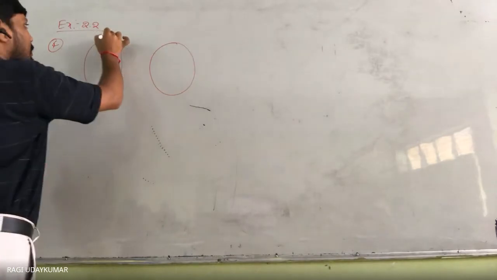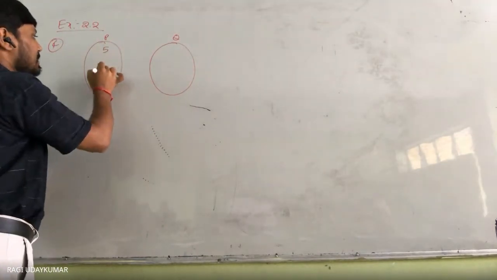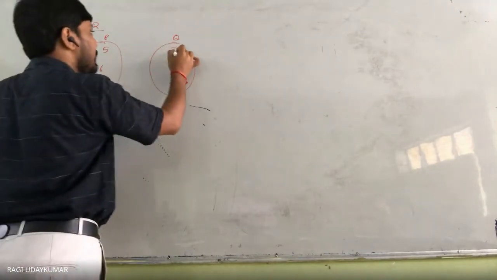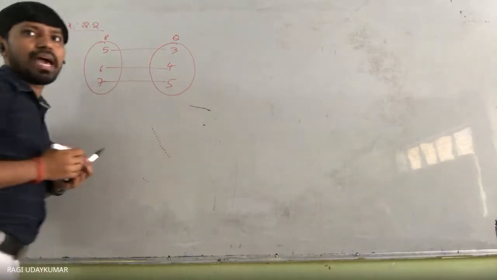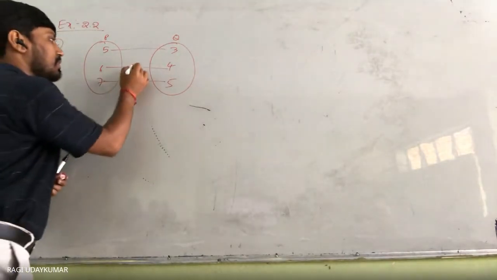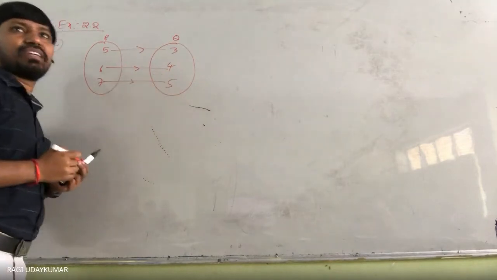Two sets, P and Q, are given: P has 5, 6, 7 and Q has 3, 4, 5. This is an arrow diagram. 5 is related to 3, 6 is related to 4, 7 is related to 5.